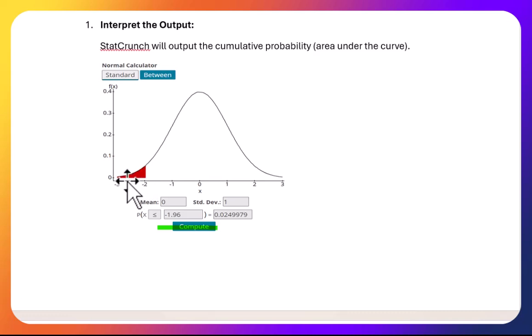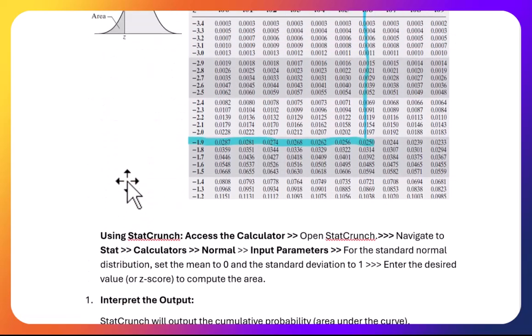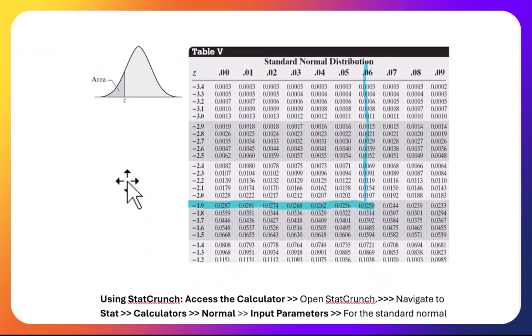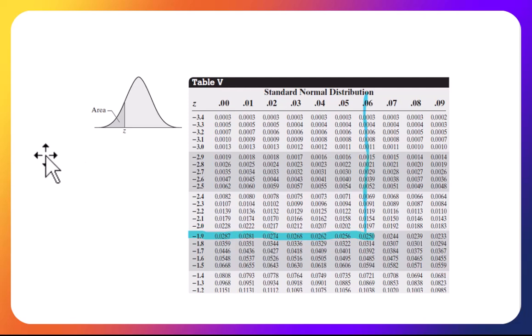There are two ways you can do that. One way is to use the table that is provided in your textbook, and I will usually provide this table. Or you can use StatCrunch, which I prefer for you to use, so I'm going to show you both. If you're going to use the table, you take the value, which is z equals -1.96. You take the first 2 digits, which is -1.9, and locate them in the first column.